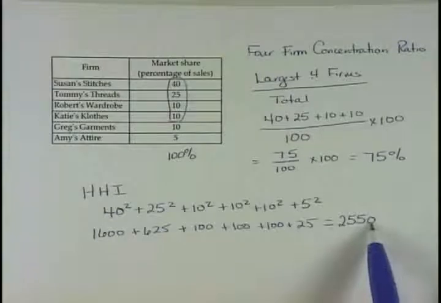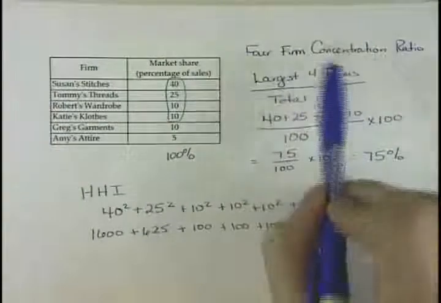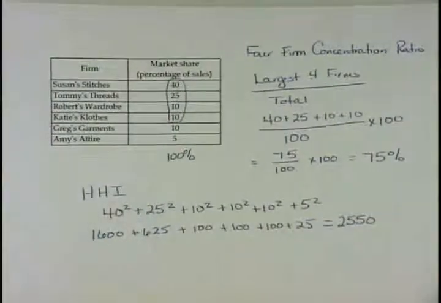Because the idea is to keep lots of competition in an industry, because when we have lots of competition, the buyers are going to get better prices. So the Department of Justice uses this to determine whether they will allow mergers or acquisitions. But you're going to have to know how to calculate the 4-firm concentration ratio and the HHI.